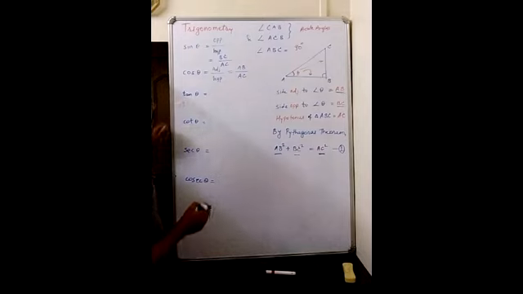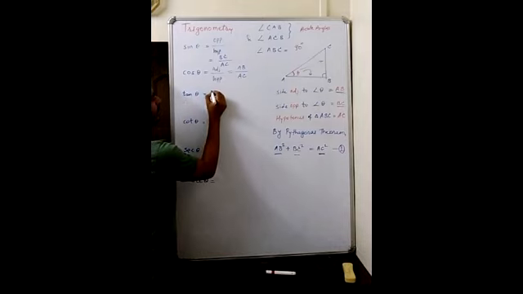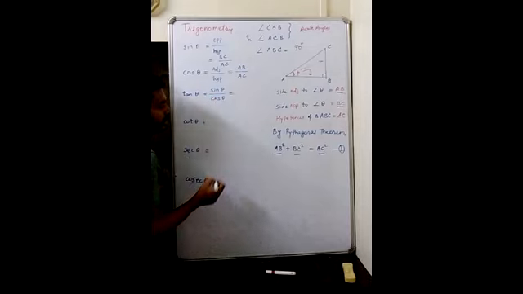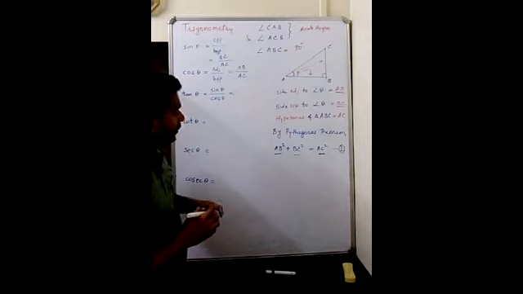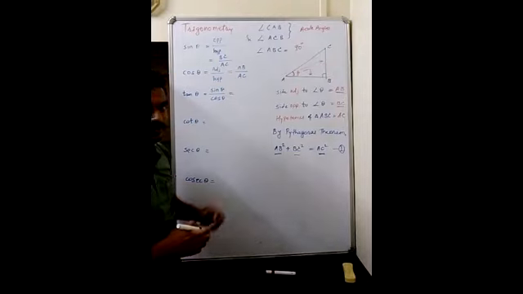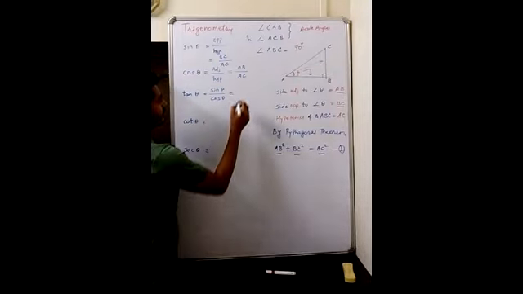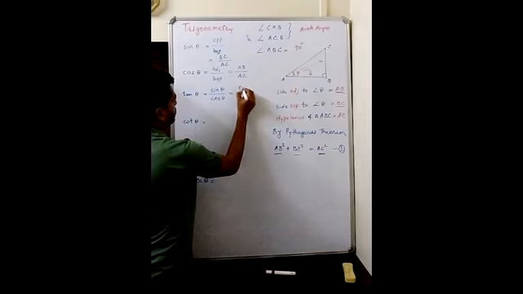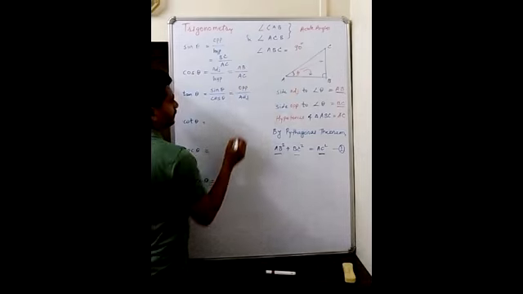Okay, then we can go for the tan. Now tan is a ratio of sine and cos of theta. And in the form of sides, it is the ratio of opposite side divided by adjacent side.